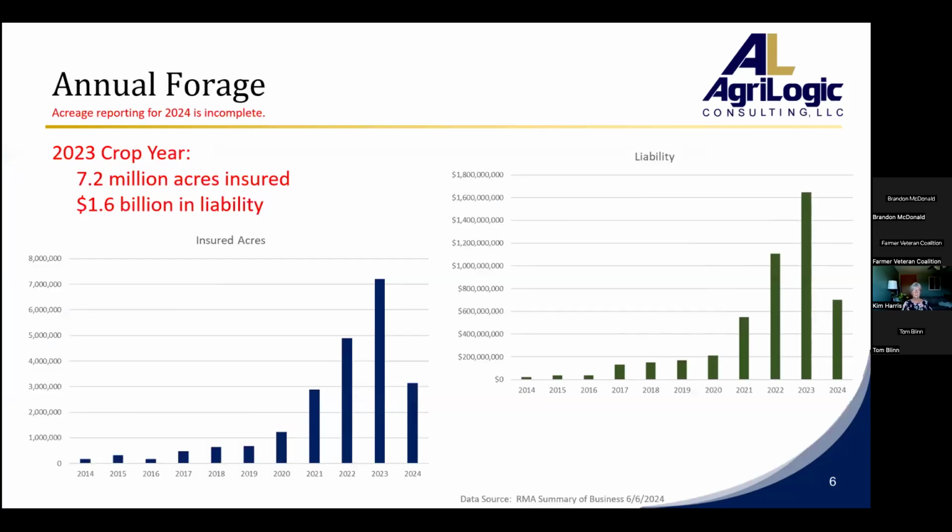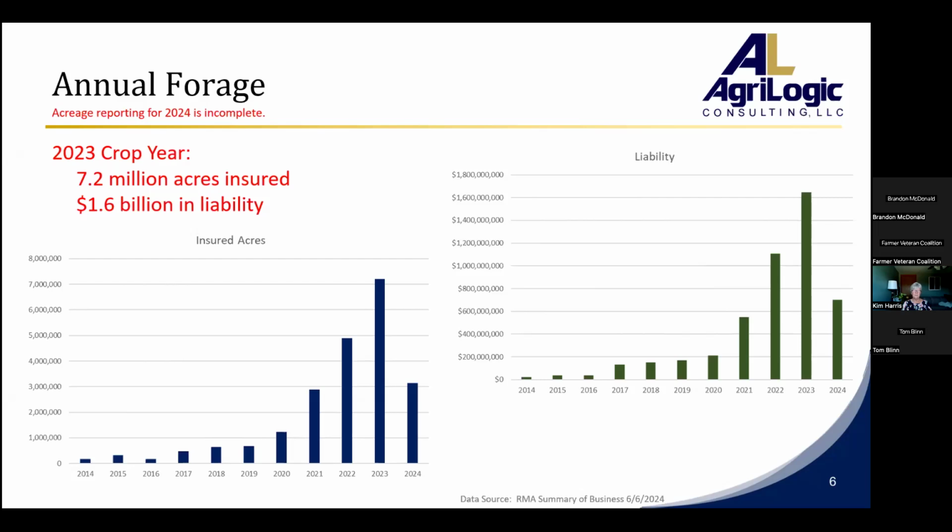Looking at annual forage, on the other ones, I'm going to be giving you 2024 figures. However, with annual forage, because of the way that it functions, all of the 2024 acres aren't in. So that's why you can see there's a big drop in 2024 acres.